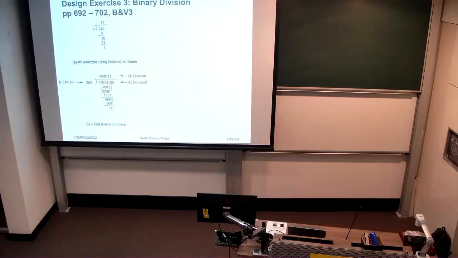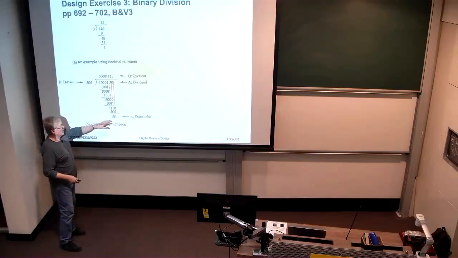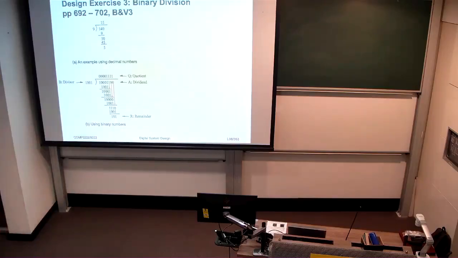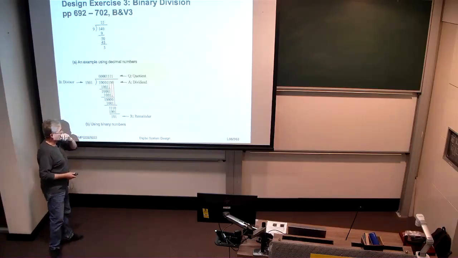And every time we can deduct a copy of the divisor from some partial dividend, we add another 1 to the less significant end of the quotient, until finally there are no bits left. And then we're left with a remainder here, which in this case happens to be the same as what we have up here. So clearly 15 and 5 as the remainder is what we would have expected, given they were the same calculations that we were performing.